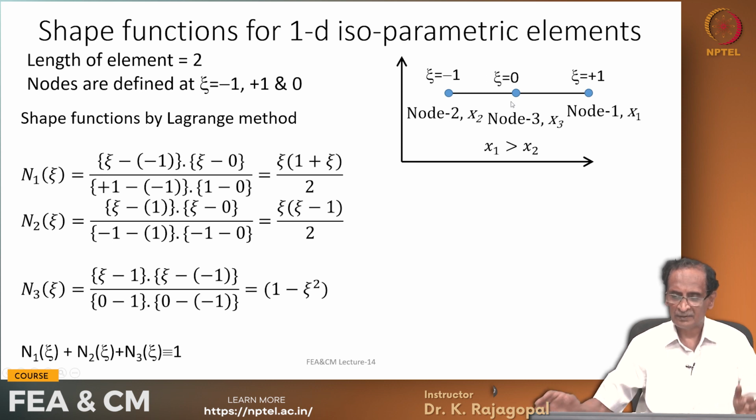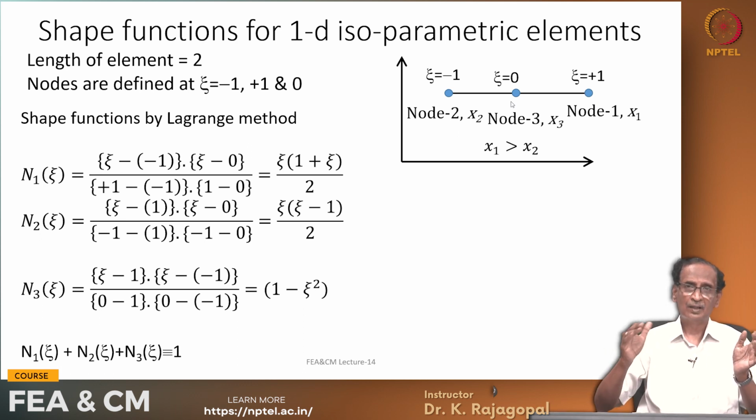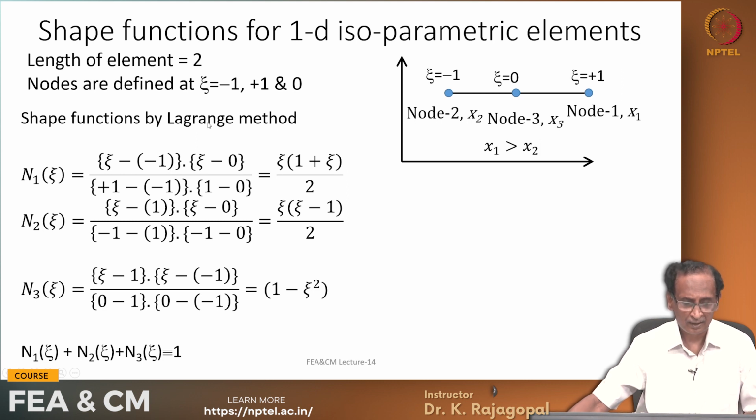So, actually the concept here is we need minimum 2 nodes for defining any line, and if you have a curved line then we require an intermediate node, and that intermediate node is introduced at xi of 0. Once again this length is 2 and the nodes are at xi of minus 1, plus 1 and 0, and we can get the shape functions by the Lagrange method.